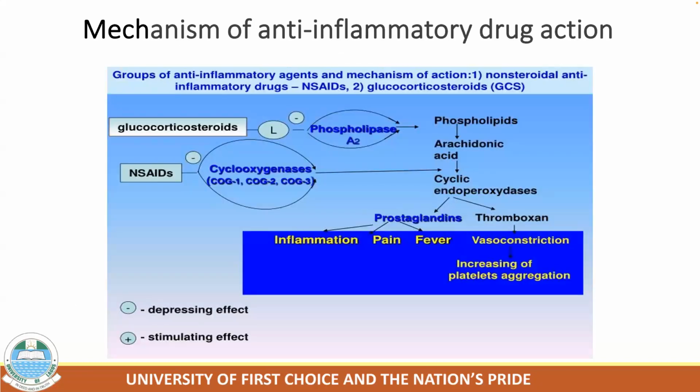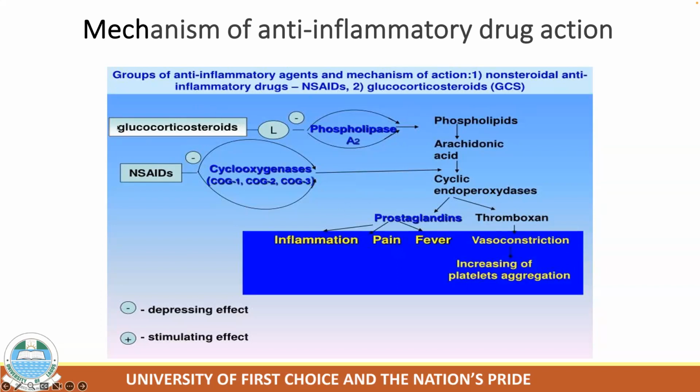Now, this is a pictorial representation of everything that happens in the inflammatory process. What I need you to remember is that phospholipids are acted on by phospholipase A2 to form arachidonic acid. You have seen this cascade already in biochemistry, right? It is the process for inflammatory response.